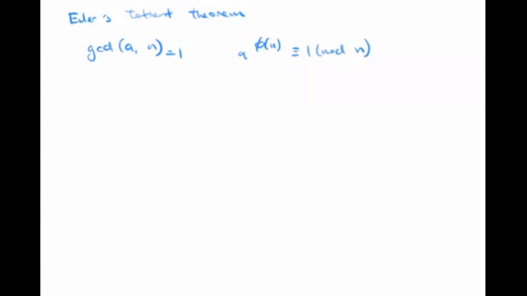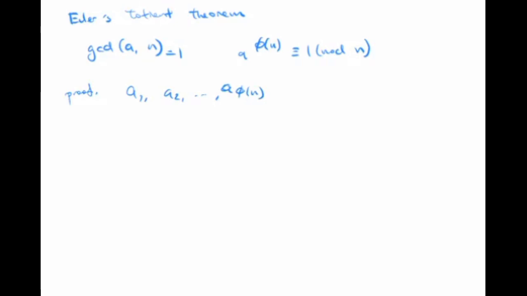Okay, we'll just quickly go over the proof. So we consider a huge list of numbers that are relatively prime to n, like all the residues relatively prime to n.